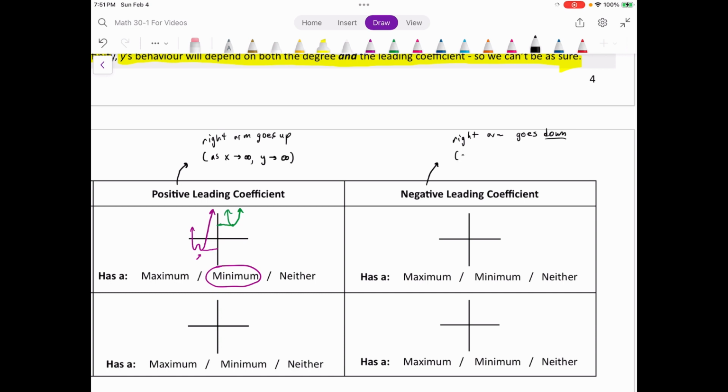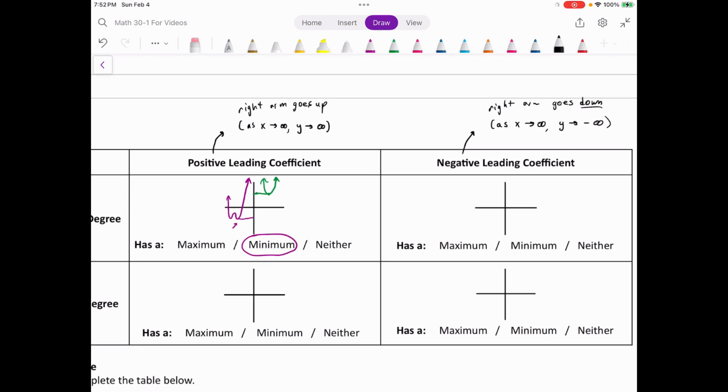And again, that just means as x goes to positive infinity, y is going to go to negative infinity. Because our leading term, the biggest term, as x gets larger and larger, is going to be negative, right? The leading term is negative, so as we make x bigger and bigger, we just get a bigger and bigger negative leading term, making overall the function become bigger and bigger in the negative direction.